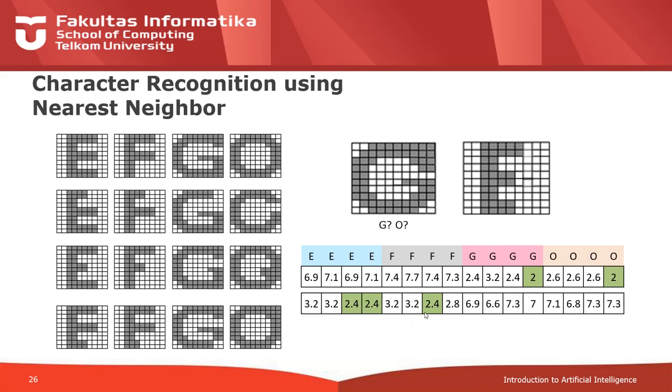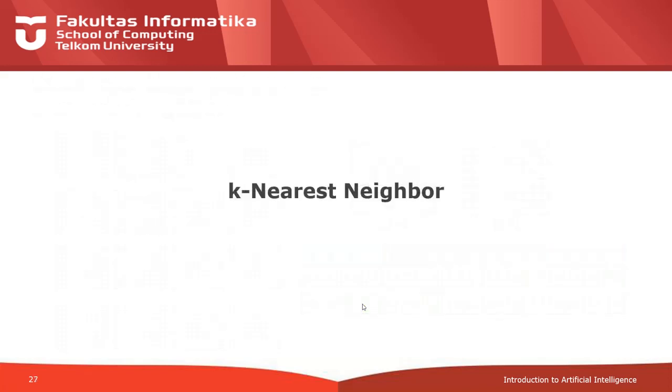If you notice, the E here has two training datasets with the small distance, while F only one. So that means we can choose the training data with the smaller distance with the most number of matching training data, and that is how we get to K nearest neighbor instead of just nearest neighbor.